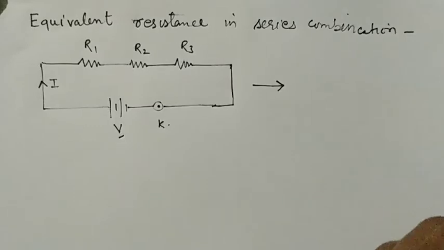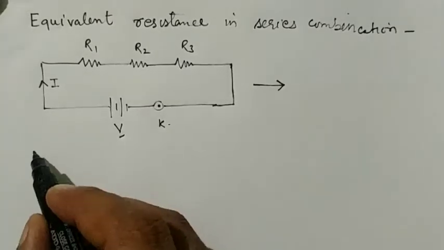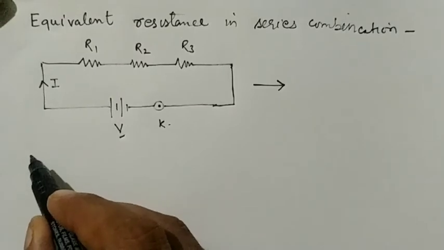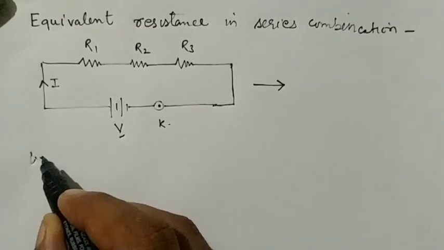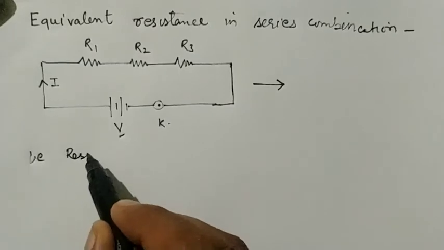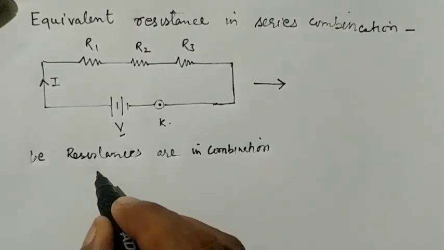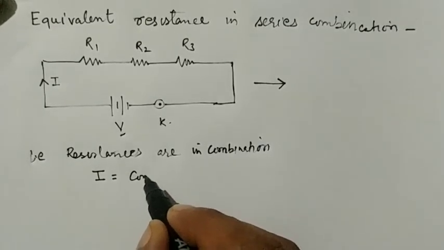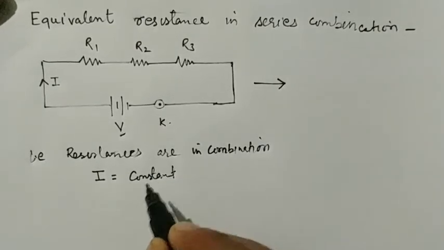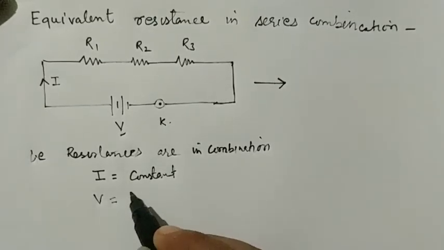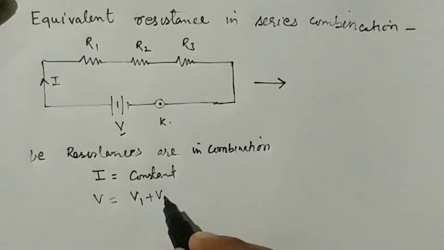Now we have already discussed in the previous video that if the resistances are in series combination, then the current through these resistances is constant and the total potential is equal to the sum of individual potentials.